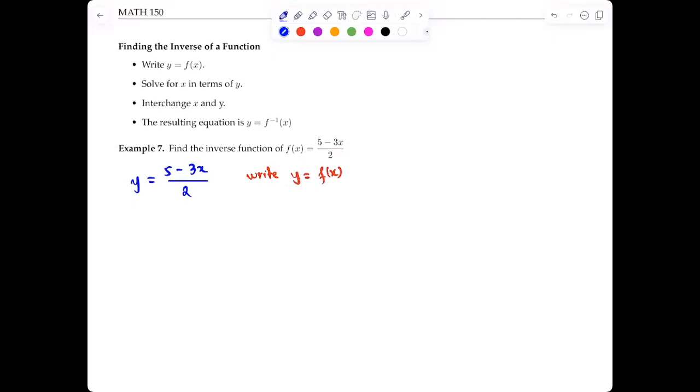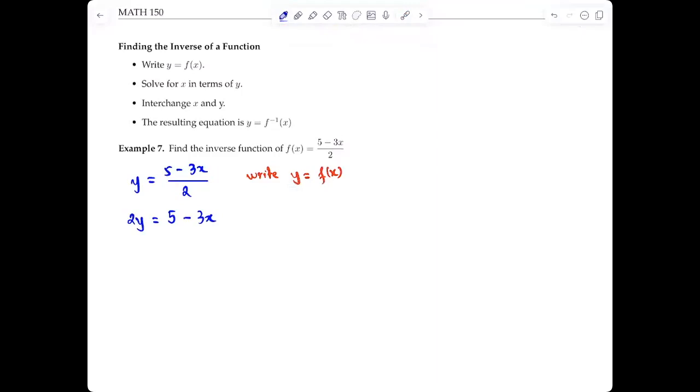Now, the second step involves some manipulation as well. That is to solve for x in terms of y. So that means I want to extract x, or get x by itself. What you do next is multiply both sides of the equation by 2, and you get 2y equal to 5 minus 3x. Again, the goal is to solve for x by itself.